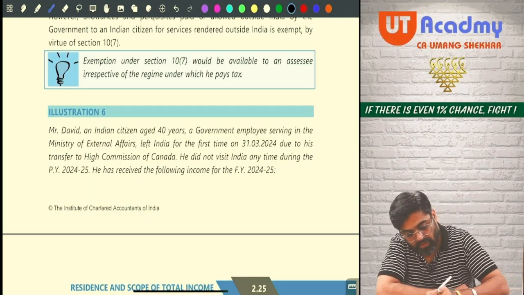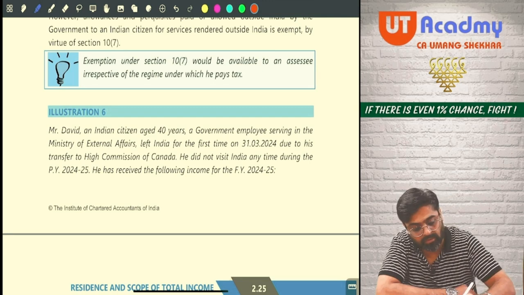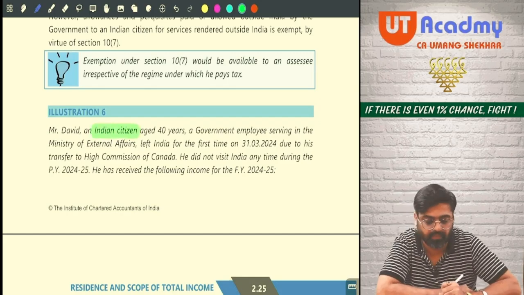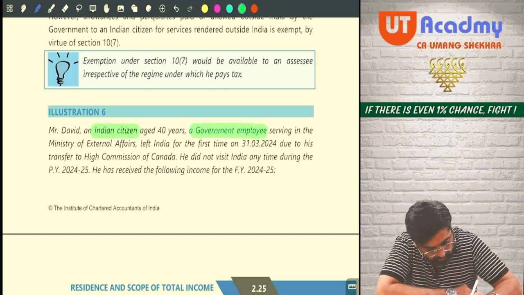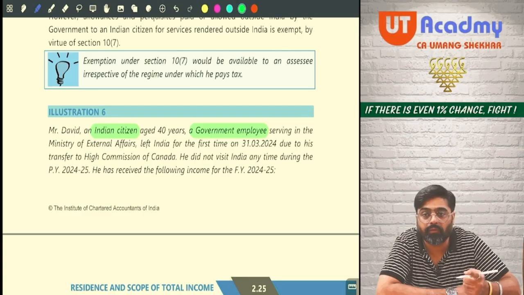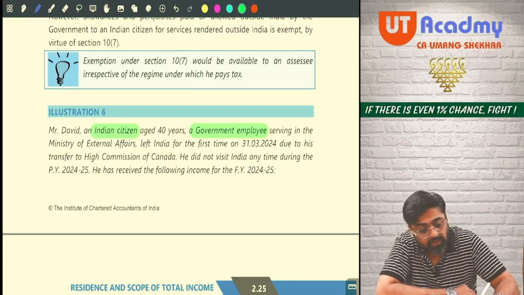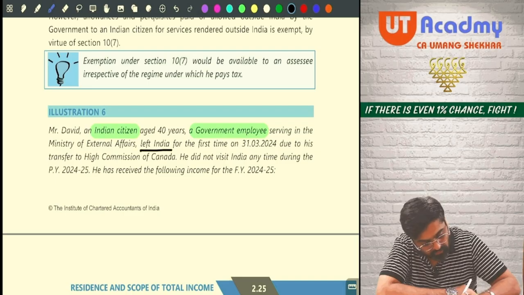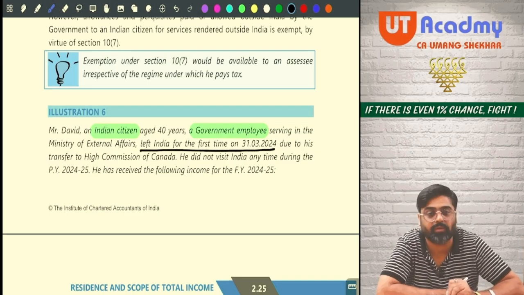First of all, a few important things which we are supposed to highlight. David is an Indian citizen. He is a government employee and he is serving in the Ministry of External Affairs, and left India for the first time on 31st March 2024.